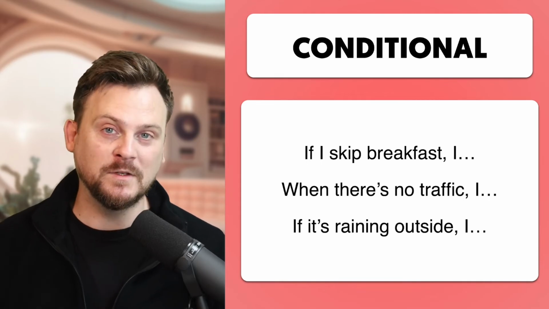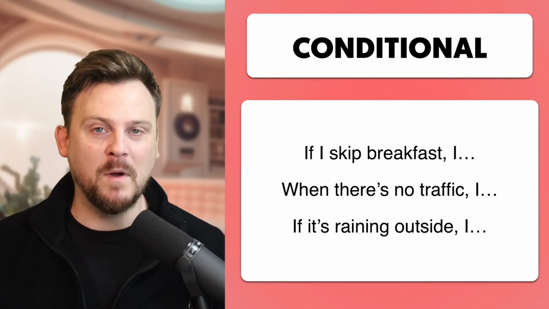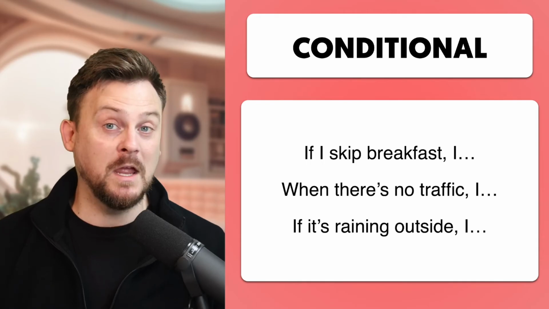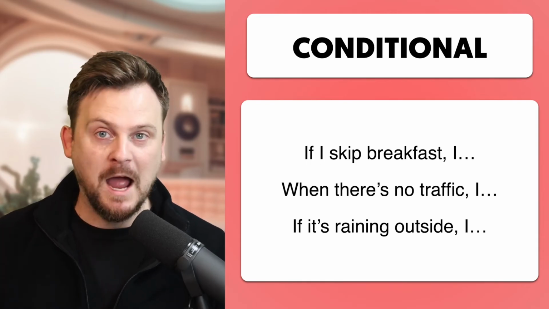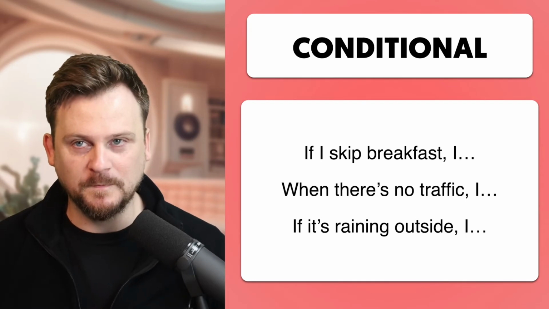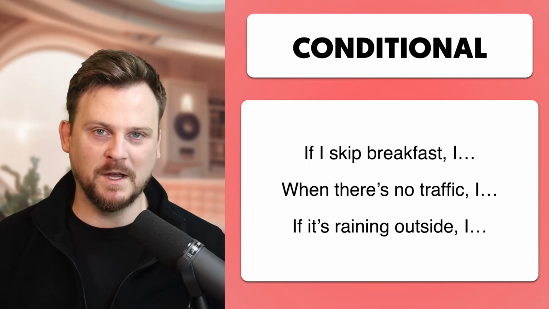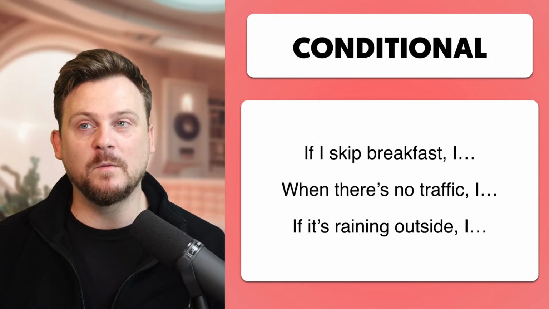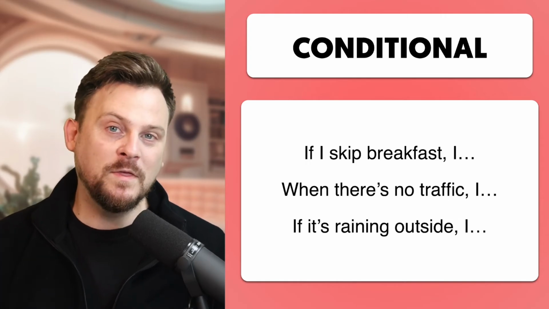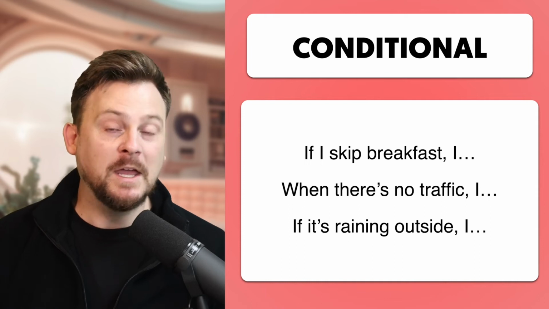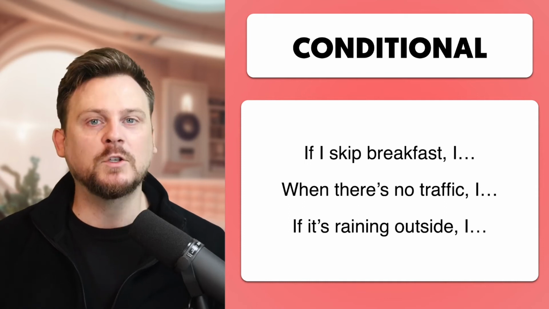So if it's raining outside, I may skip my morning run. Okay. Now, you could say something like, I always go for a morning run unless it's raining outside. So that is to say, normally I go for a morning run. There may be one thing that can cancel that if it's raining. Okay, so you can say it either way.